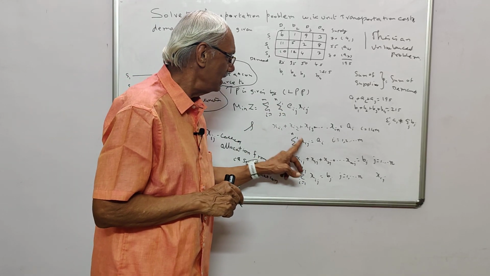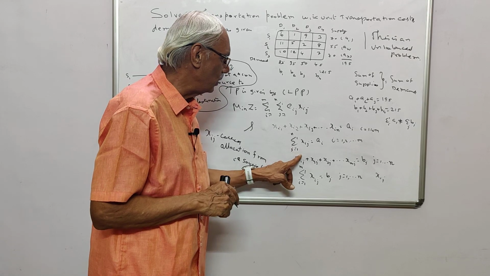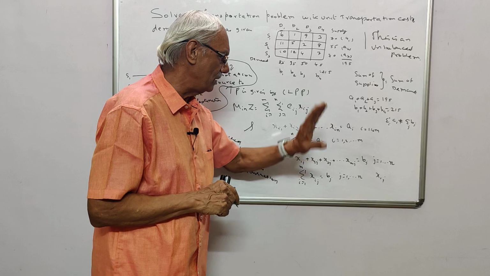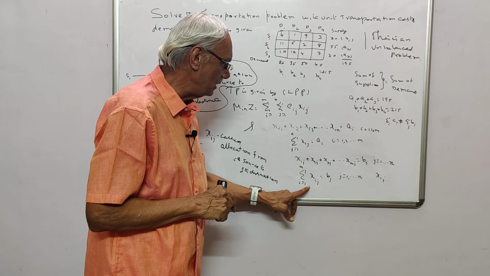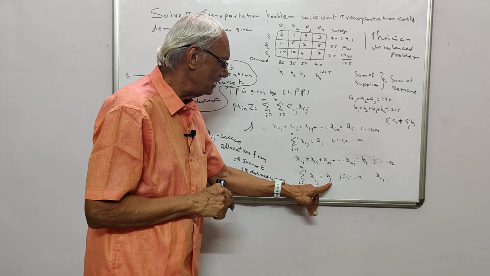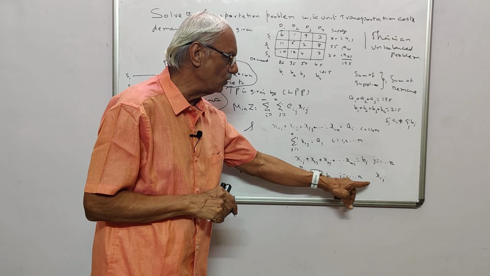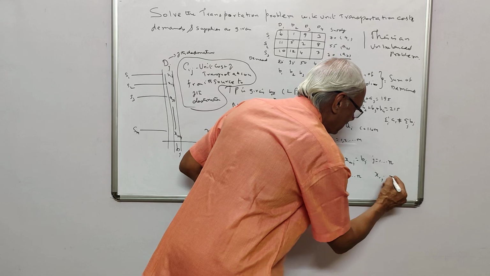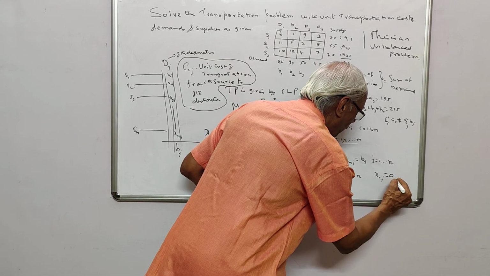What are the constraints? The sum over j of Xij is equal to Ai for i equal to 1 to m, and the sum over i of Xij is equal to Bj for j equal to 1 to n, and these Xij's are greater than or equal to 0.